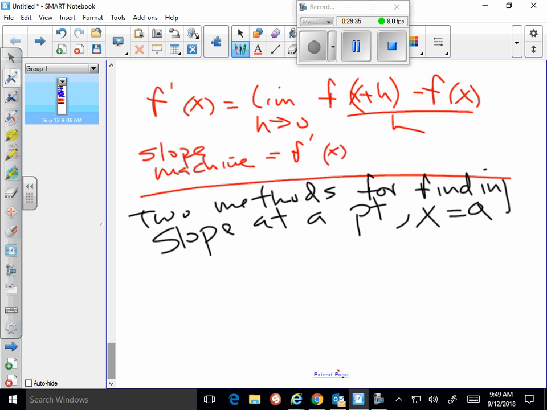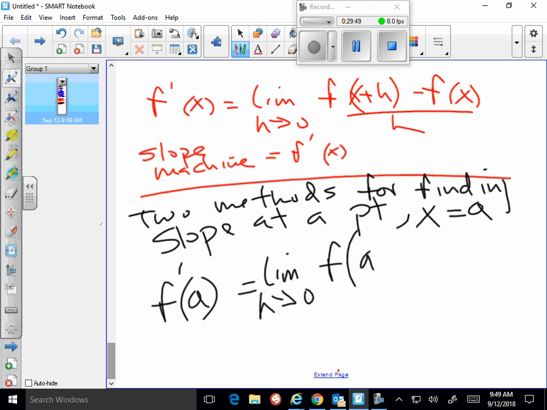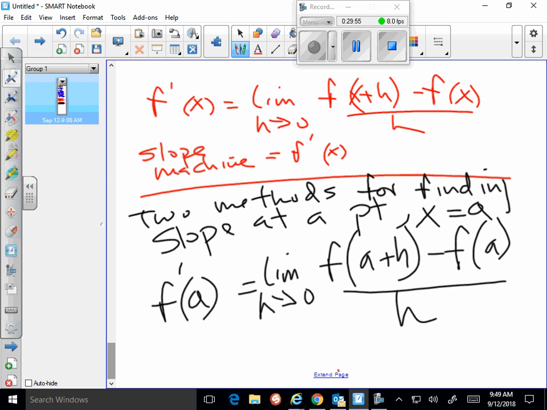So any place I saw an x, I replace it with an a. So that limit definition would be f prime of a. The slope at that point will be the limit as h heads to 0 of f of a plus h minus f of a over h.